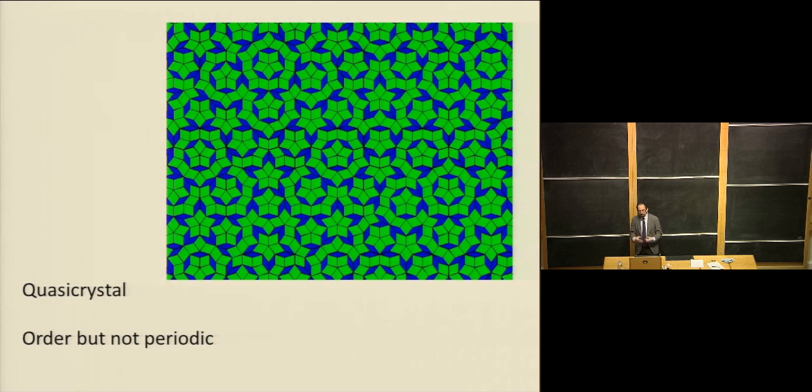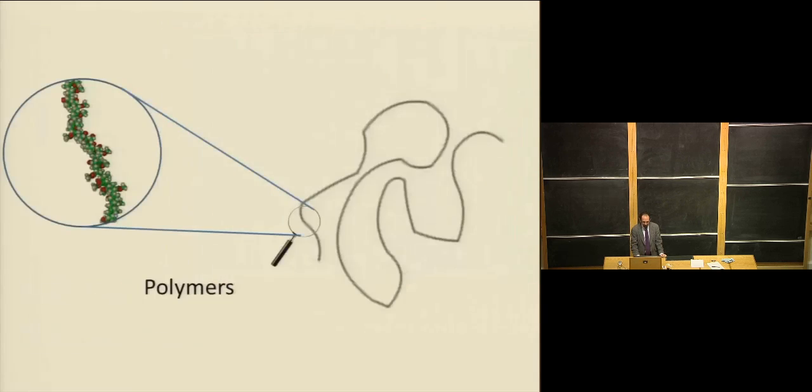It's an ordered but non-repeating pattern, and there are materials that have this property that are known as quasi-crystals. It was very controversial that they existed for quite some time. It has actually been determined that, yes, indeed, they do exist, and the Nobel Prize was awarded for it just a couple of years ago.